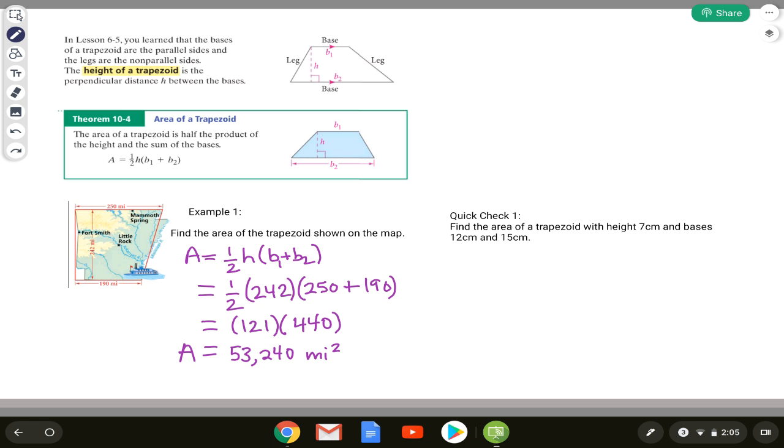Okay, so pause and try to use this formula on Quick Check 1, where they give you the height and the bases. Hopefully you worked this out, and now you can see if you did it correctly. So I'm going to have the area equals 1/2 times the height, which they told me here was 7 centimeters, and then times the sum of the bases, which were 12 and 15.